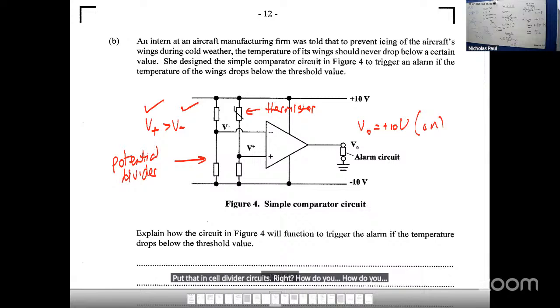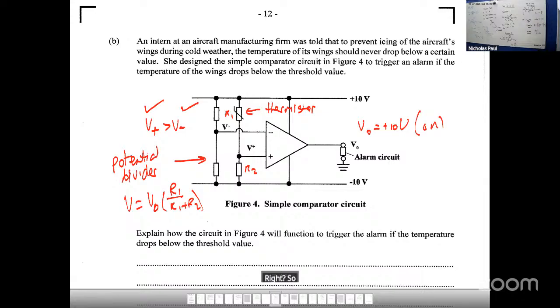How do you find the potential? Simple. V is equal to V out by R1 over R1 plus R2. So this will be R1 and this will be R2. When your R1 value changes, it will change in such a way that it makes the V plus value bigger than the V minus value.